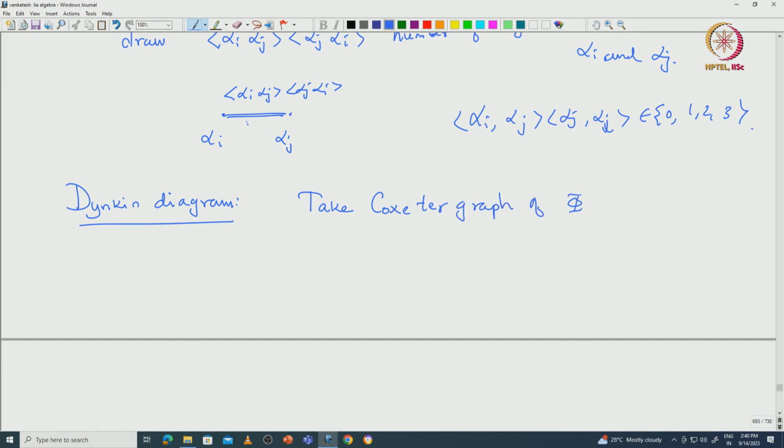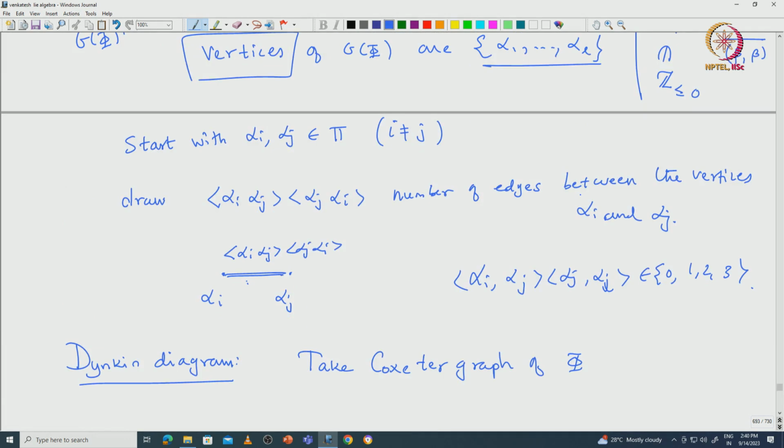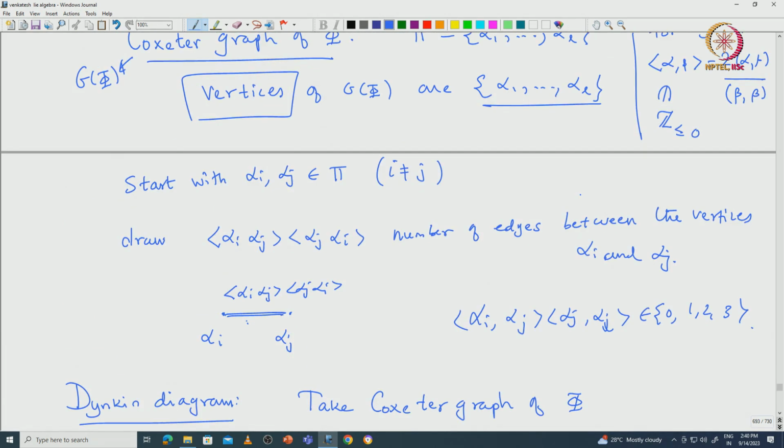Note that the Coxeter graph of phi does not see the lengths of the roots, because we are only drawing this many edges between the alpha i and alpha j roots or vertices. So it does not say which one is the long root and which one is the short root if you have two root lengths inside your phi.